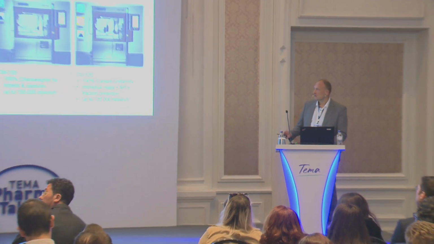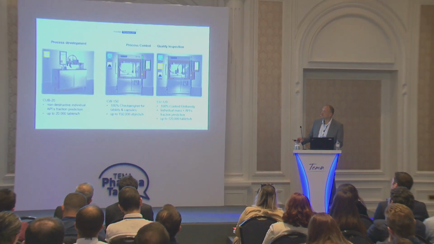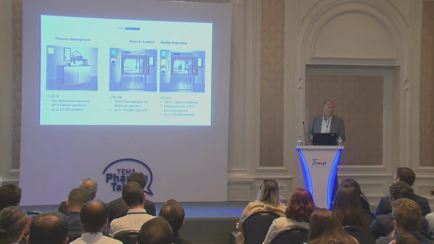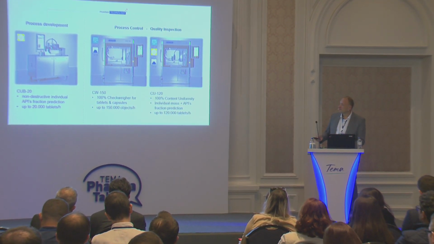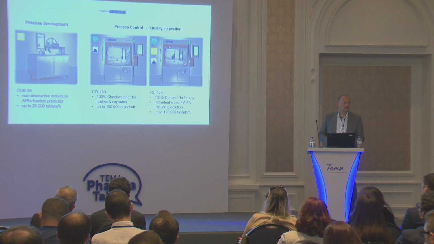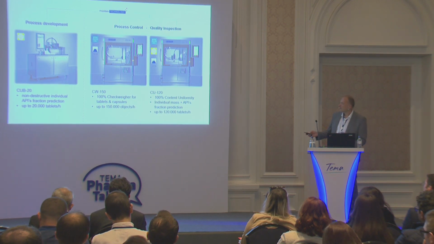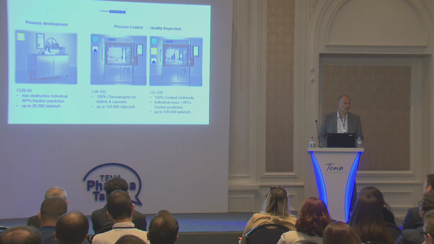First, to clarify the numbers, they represent the maximum throughput. We are talking about 20,000 tablets per hour that can be inspected by the CAP 20, 150,000 capsules and tablets by the CW, and 120,000 for the CU 120.